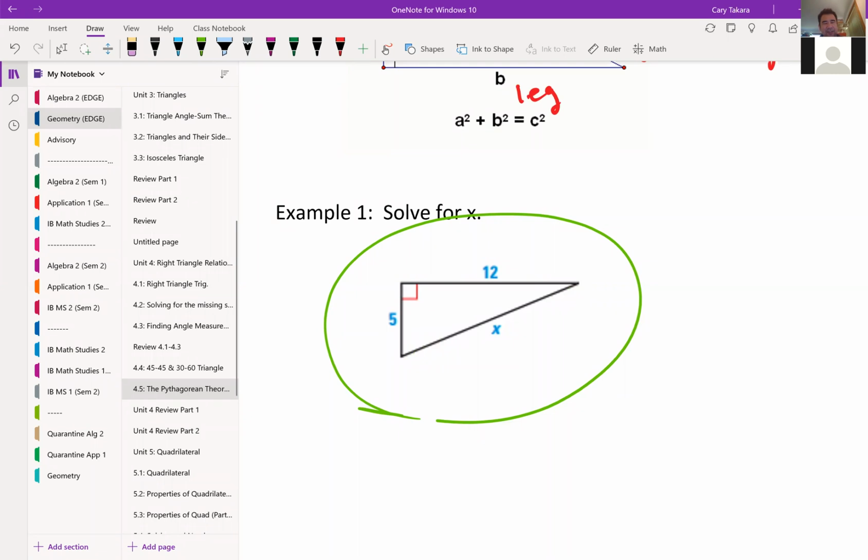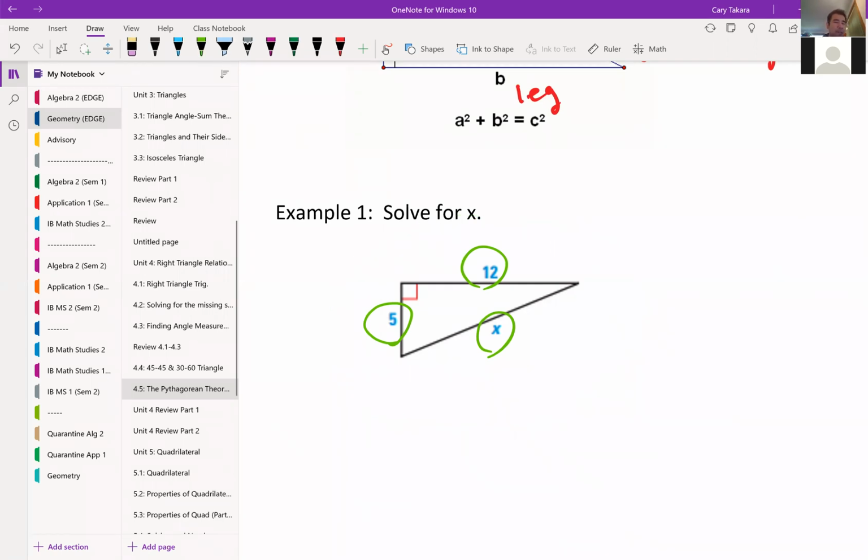We could figure it out using the inverse of 5 and 12, but that's a lot of work. But since we have 2 measurements and 1 missing, we can use the Pythagorean theorem.